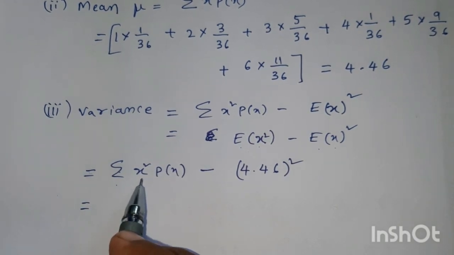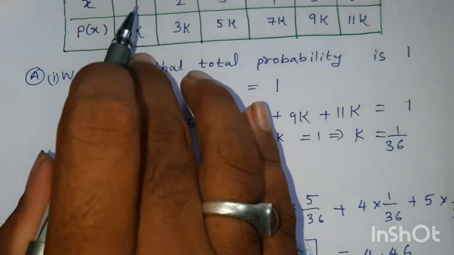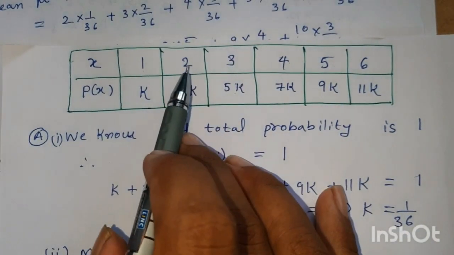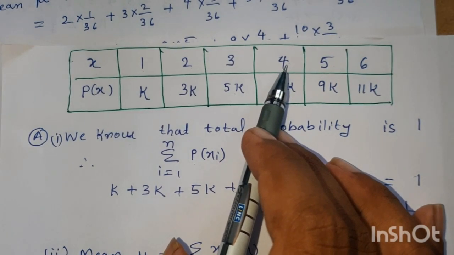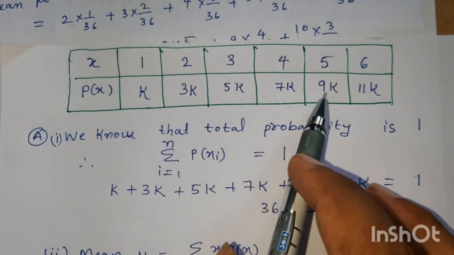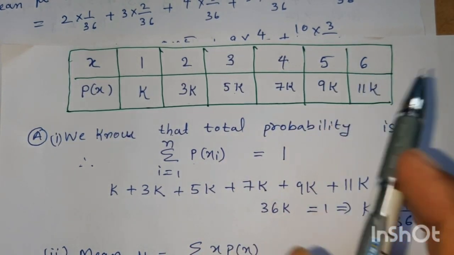Sigma x square P of x means 1 square into k plus 2 square into 3k plus 3 square into 5k plus 4 square into 7k plus 5 square into 9k plus 6 square into 11k.